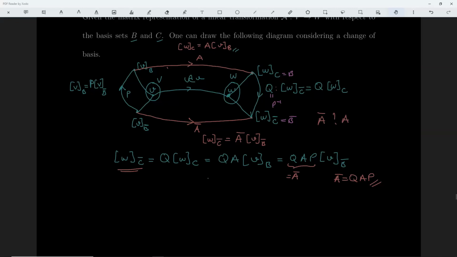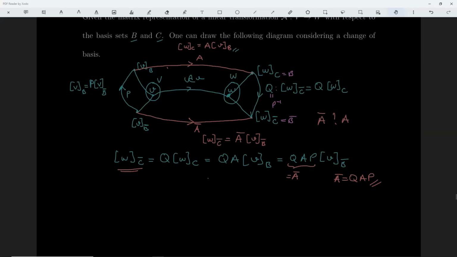And then you can obtain the new matrix representation with respect to your new basis sets from the old matrix representation, which was with respect to old basis sets. And the relationship was simply QAP, right? A bar was equal to QAP.